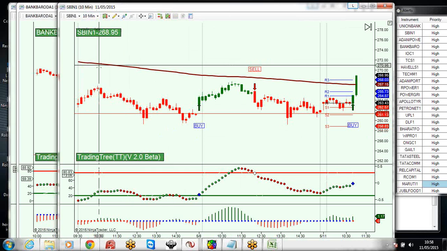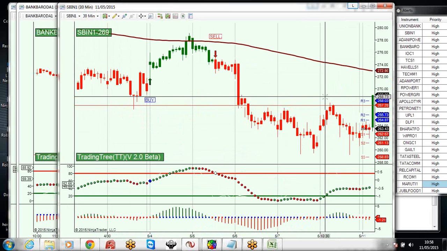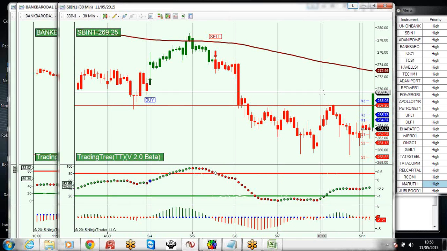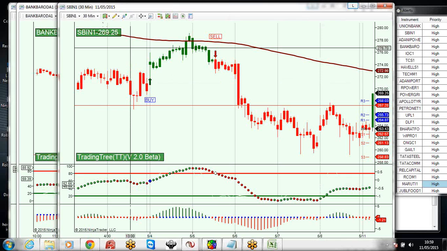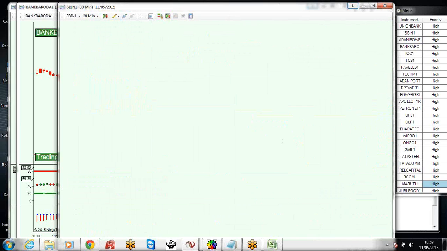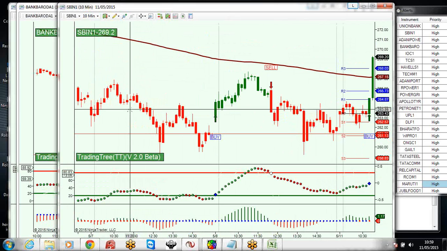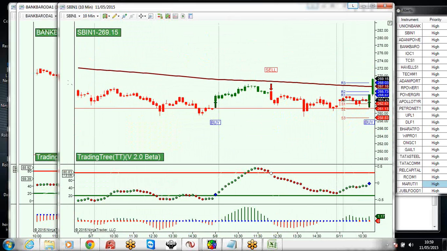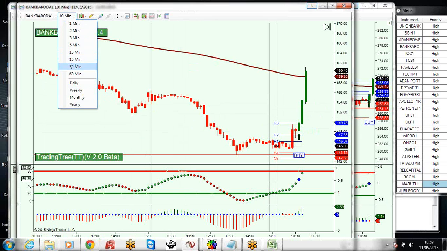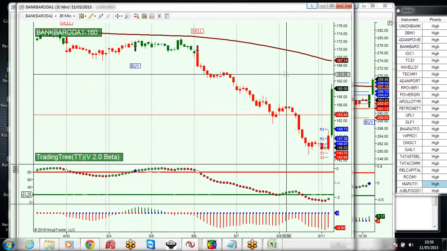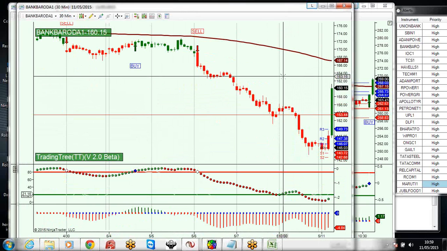So the next target for SBI will be, it's already done this, 270.90. 163 for Bank of Baroda.